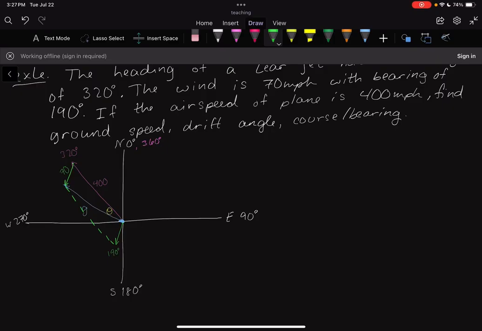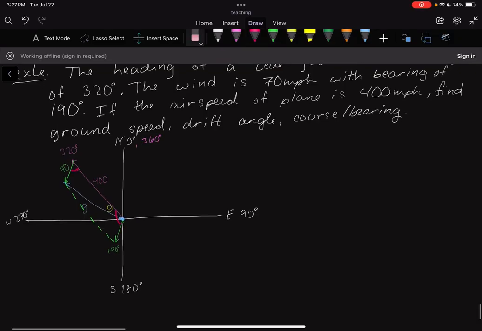So remember that with parallelograms, this angle and this angle are supplementary. So what's going to happen there is we can find the angle on the right, and we're going to use that to find the angle on the left.